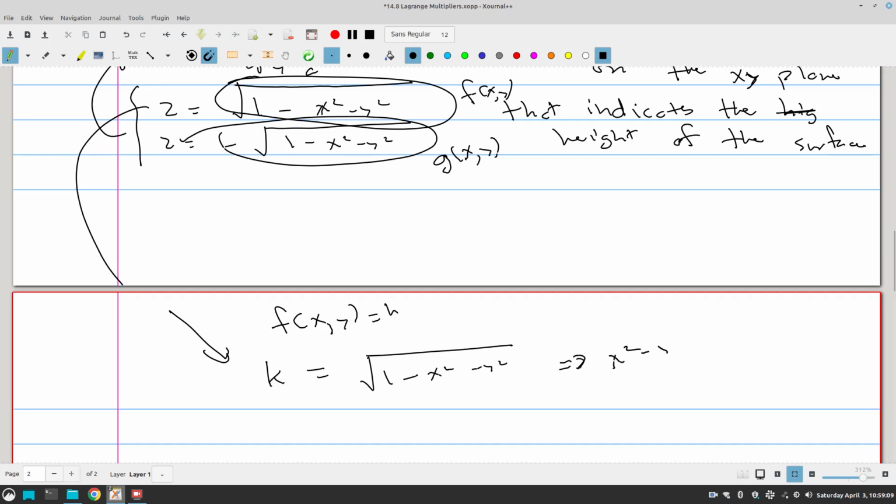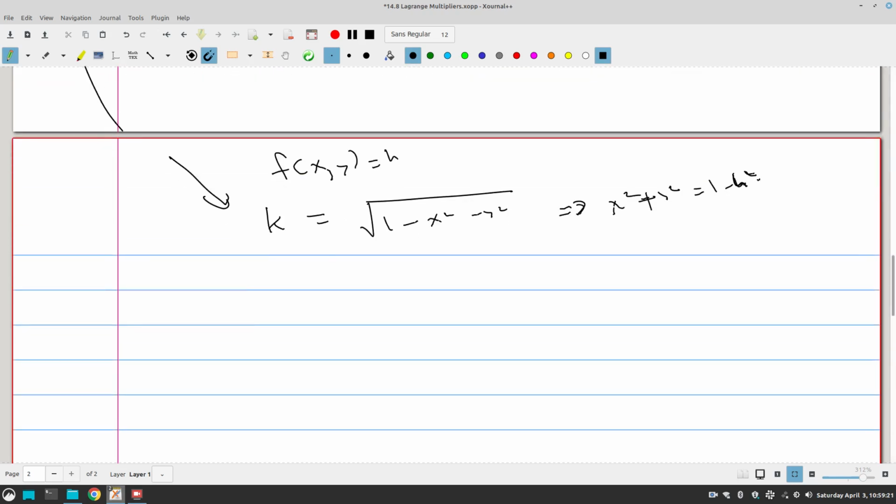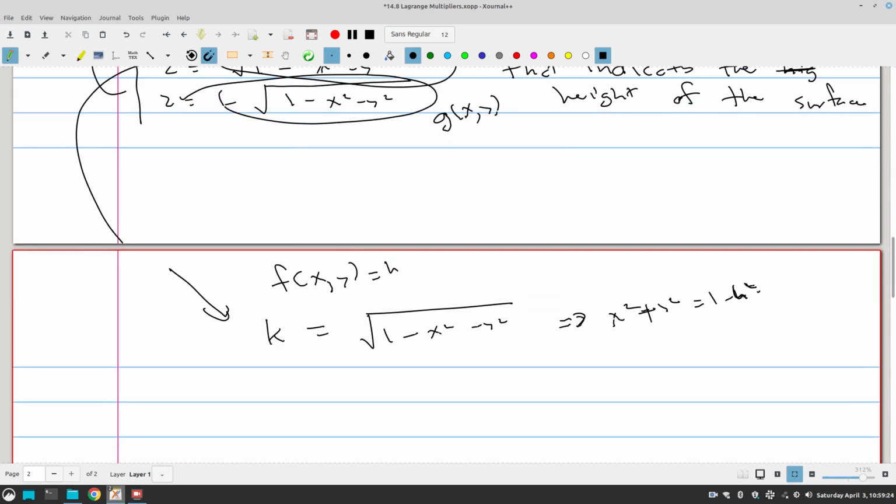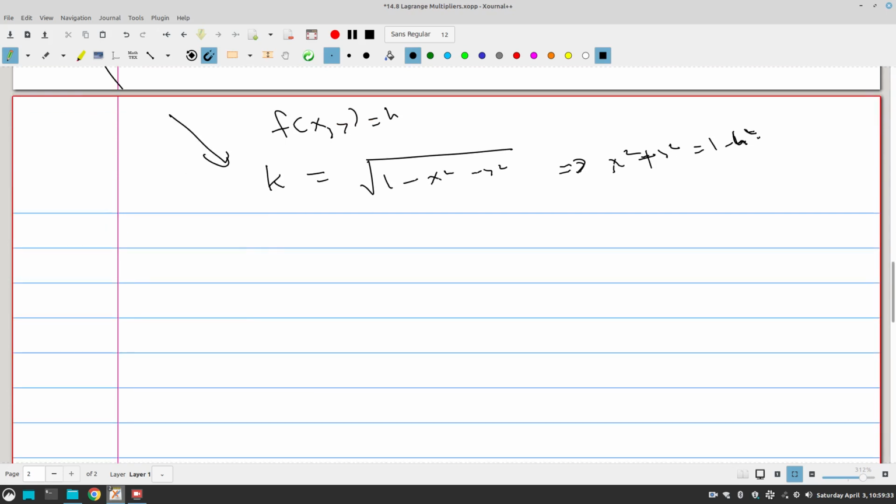So x squared plus y squared equals 1 minus k squared. Now when k equals 0, this becomes x squared plus y squared equals 1. This is a unit circle centered at the origin.